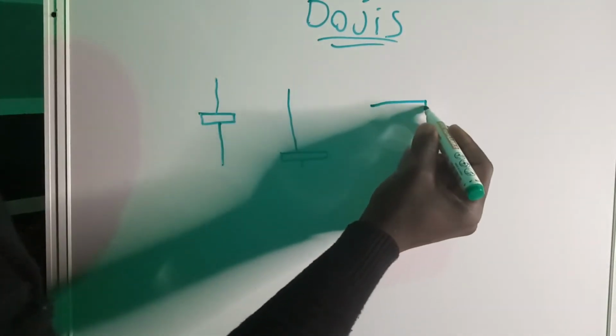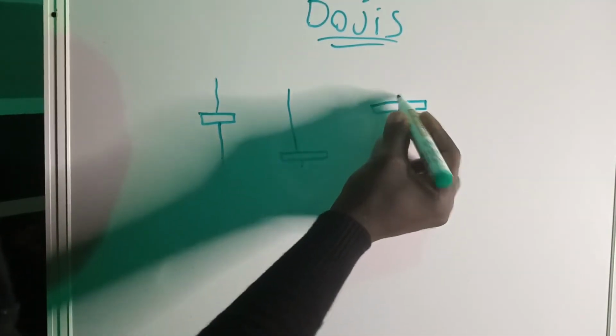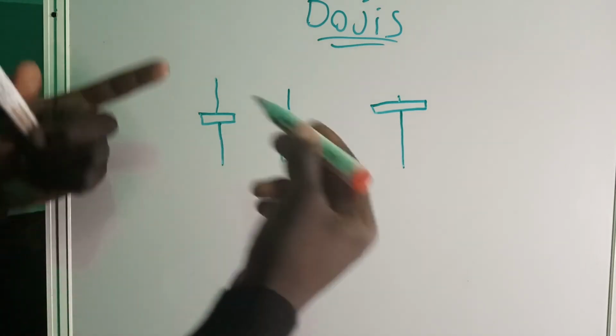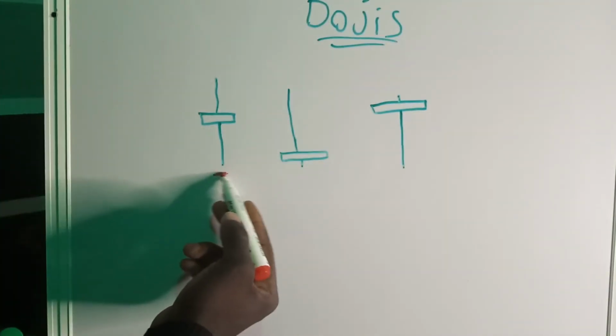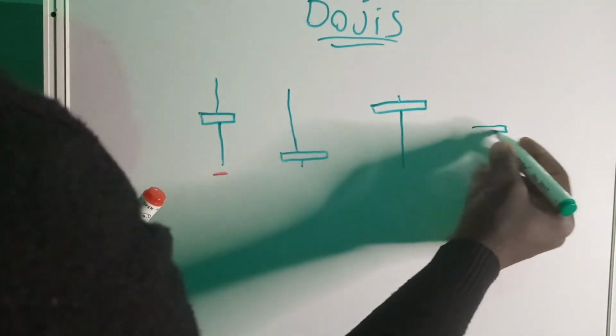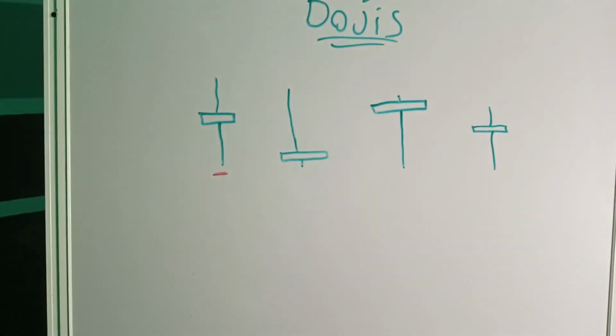The body is above and this long wick is below, and maybe a small wick above. Like I always say, sometimes you will not even see a wick above. The next doji is the long-legged doji, which is the same thing as this also. The body is in the middle and you have long wicks. And these are the four types of dojis we have.